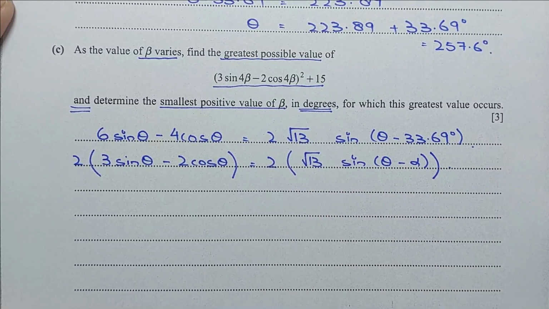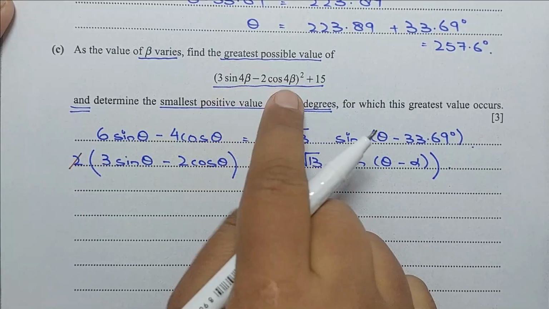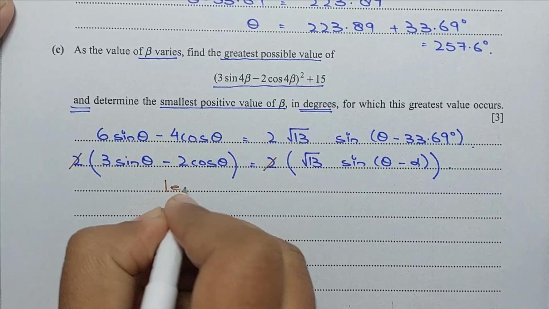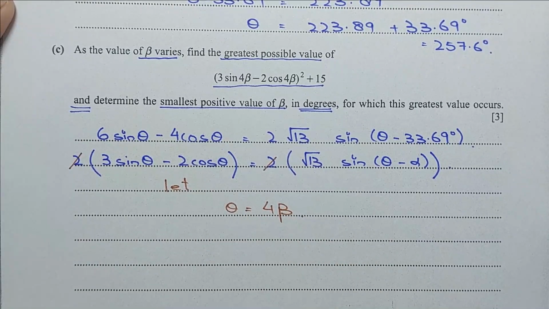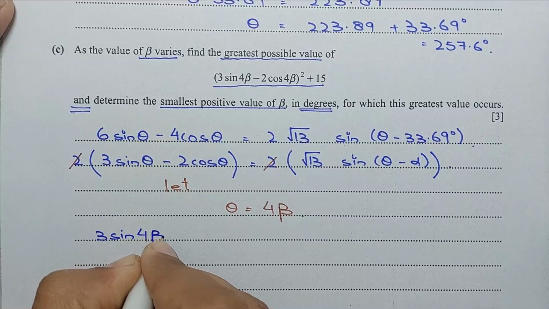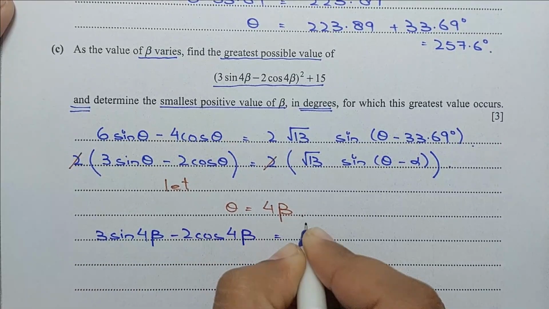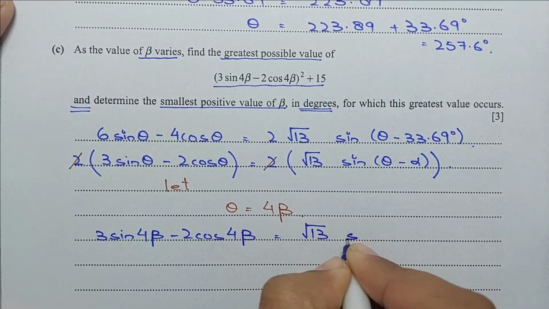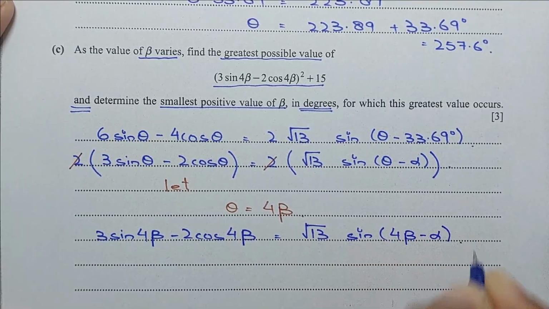Now we can cancel the 2 on both sides, right? Then we replace theta by 4 beta. Let theta equal 4 beta. When the theta value is 4 beta, we have 3 sine 4 beta minus 2 cos 4 beta equals root 13 sine of 4 beta minus alpha.